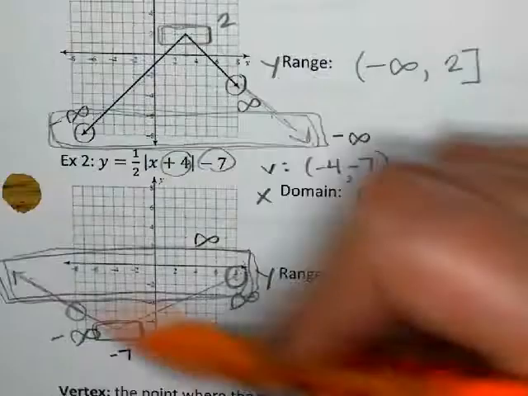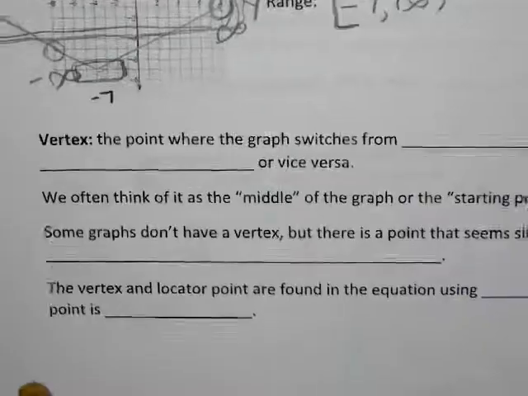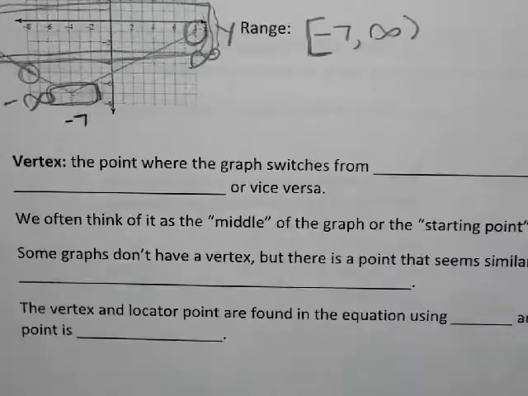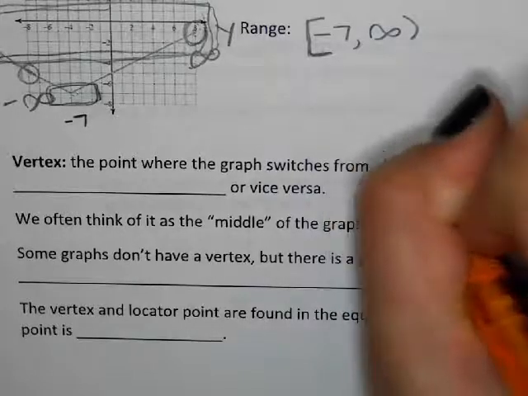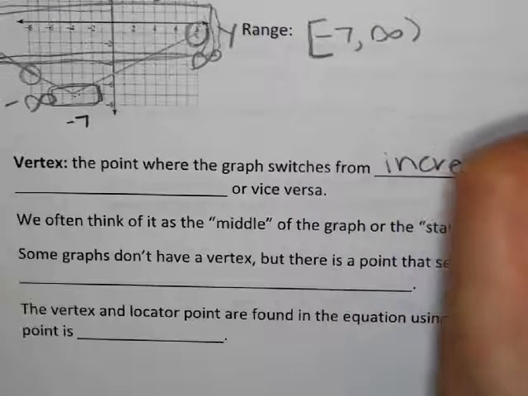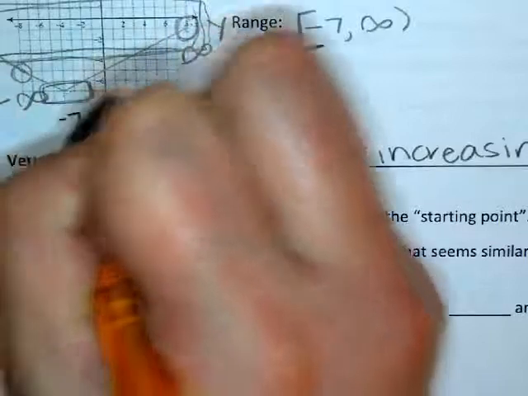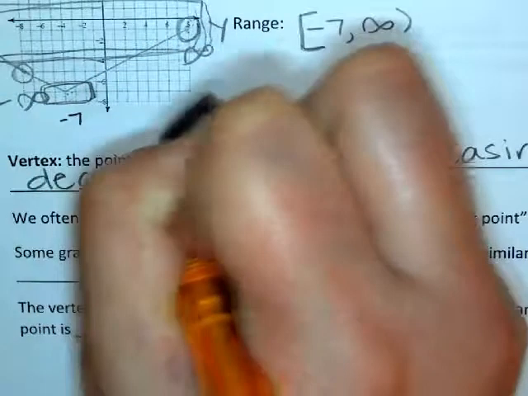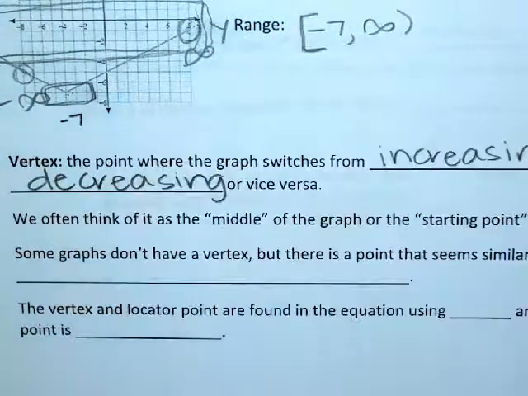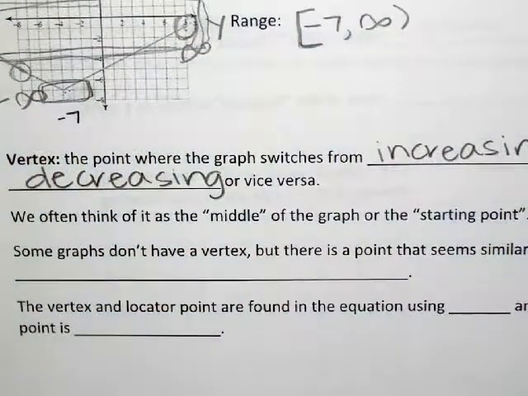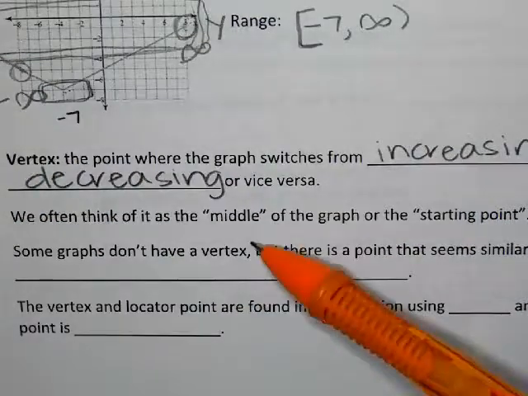That's what the vertex is. So the vertex is the point where the graph switches from increasing to decreasing, or vice versa.